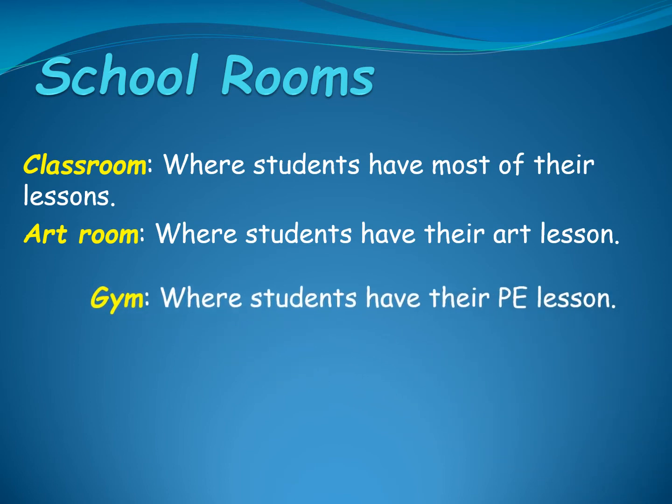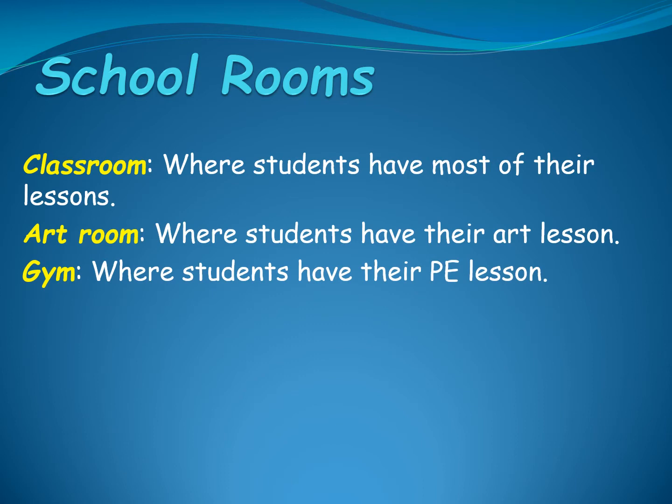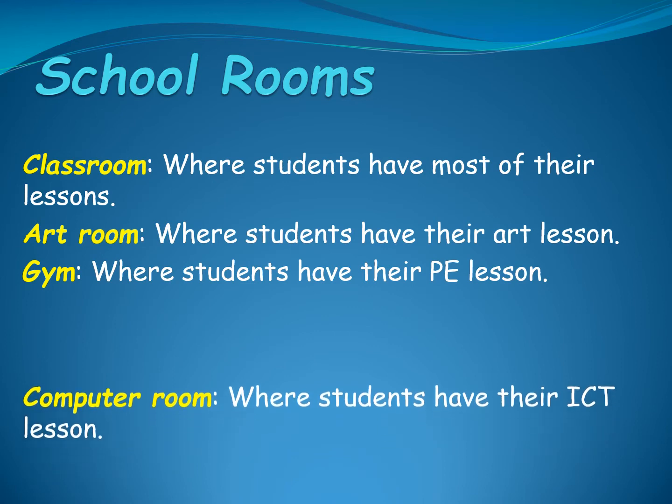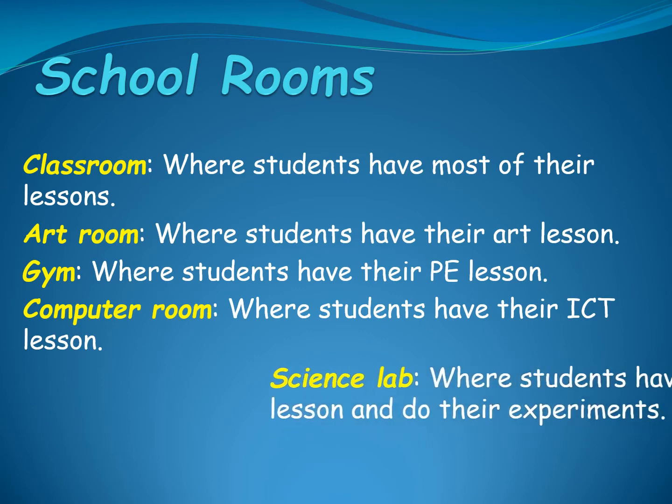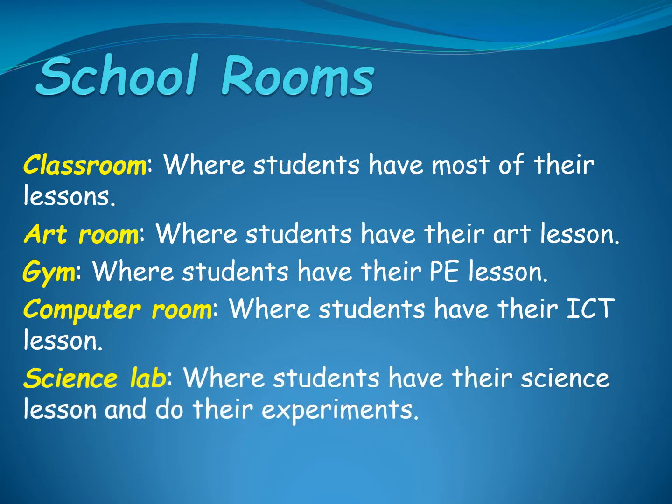Gym, of course, is where students have their PE lesson. And the computer room is where students have their ICT lesson, because it's about learning computers or how to use computers. And finally, we have the science lab, where students have their science lesson and do their experiments.